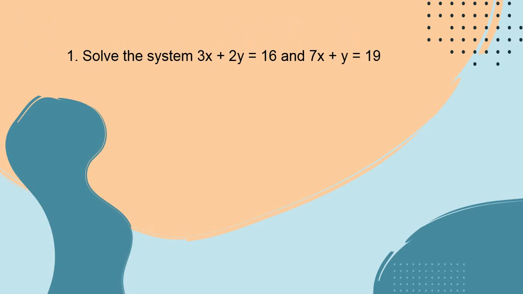The first problem is solve the system 3x plus 2y equals 16 and 7x plus y equals 19. The answer is: first, solve the second equation for y. So y equals 19 minus 7x.